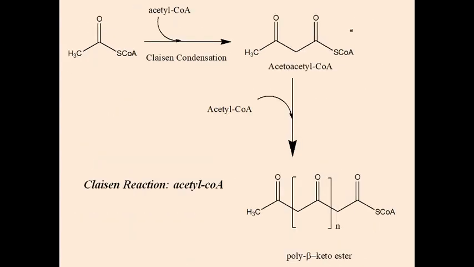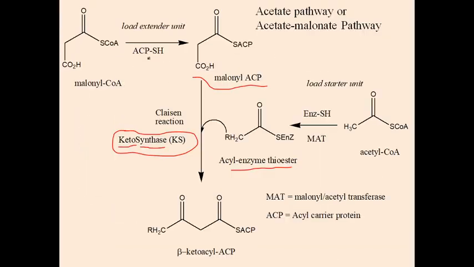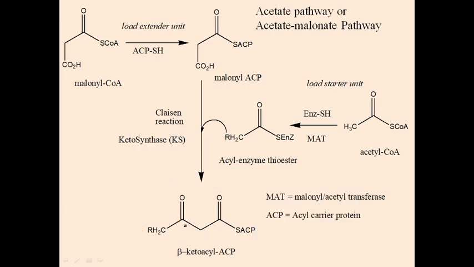Here also this is carbon 0, this is carbon alpha, and this is carbon beta. To this beta carbon there is a ketone group, like in poly beta ketoester. This is a beta ketoacyl ACP. As a whole acyl, you can call it beta ketoacyl ACP, with a ketone group at the beta carbon.